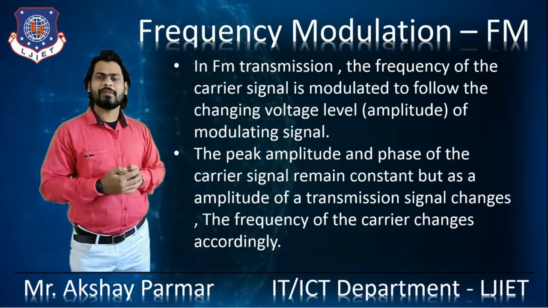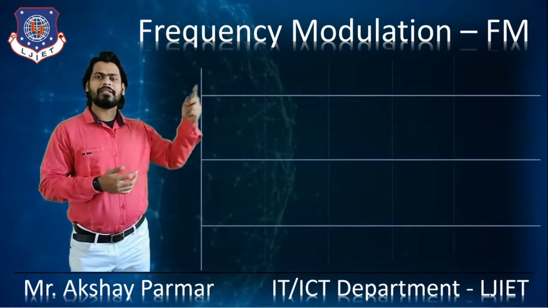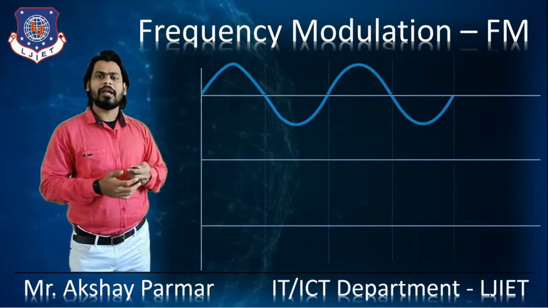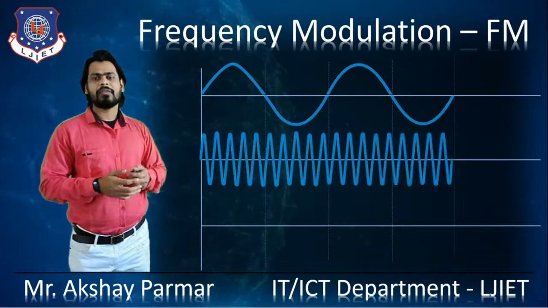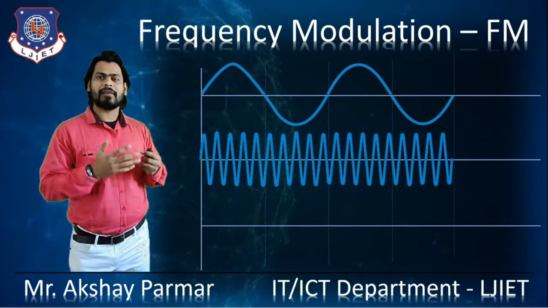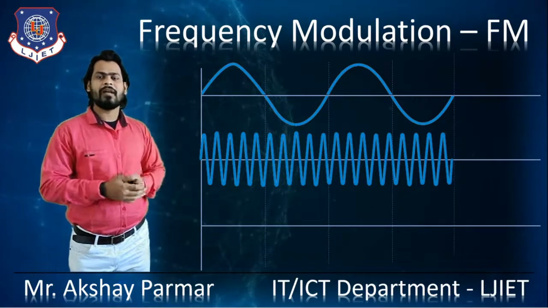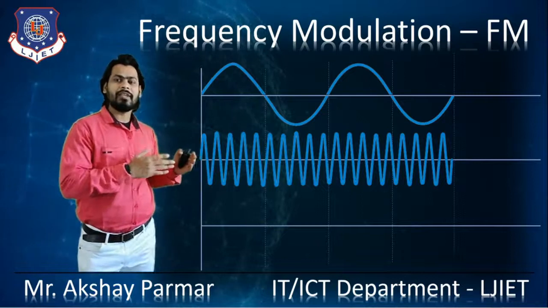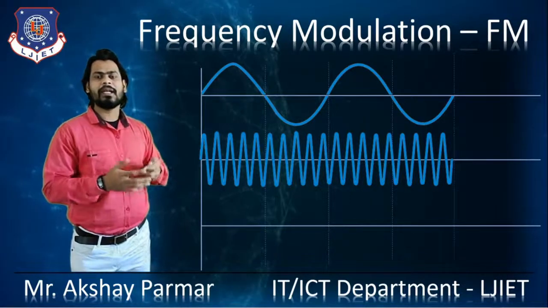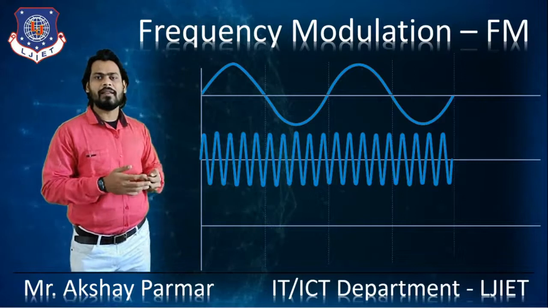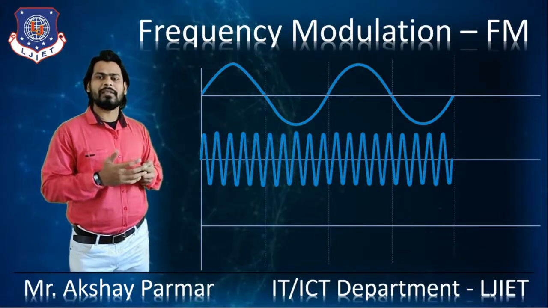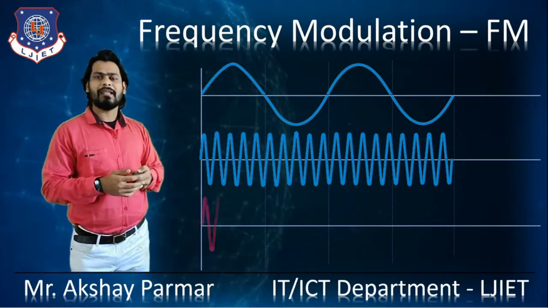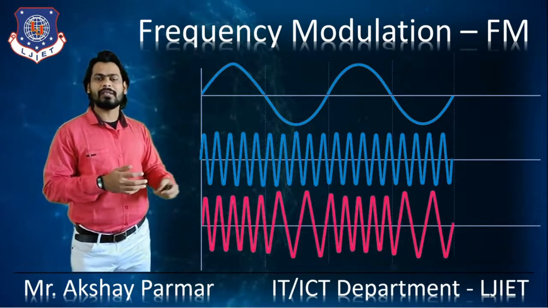Let's see how frequency modulation works. This is the input signal on which we are trying to apply frequency modulation, and this is the carrier signal, right? So we are changing the characteristic, the frequency, of this carrier signal with respect to this input signal, and we are getting an output signal which is frequency modulated.